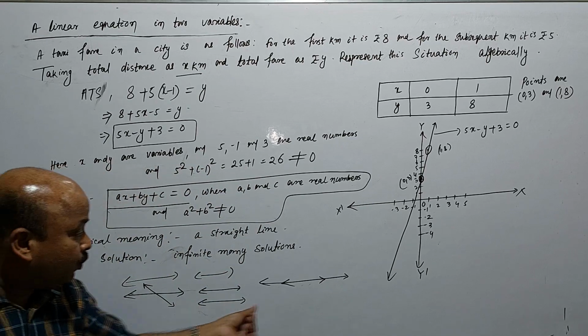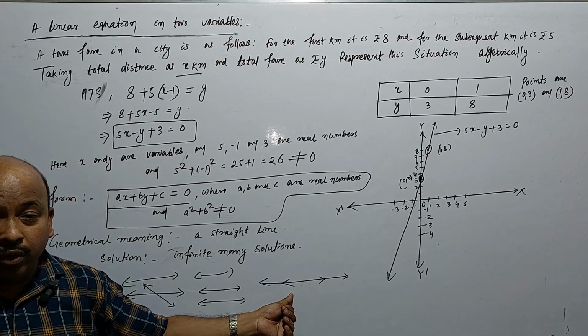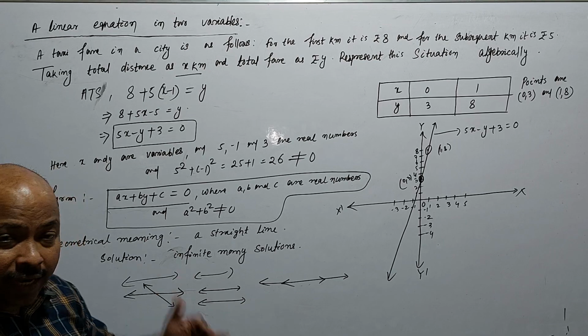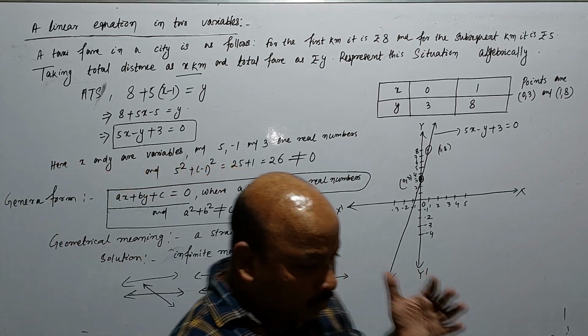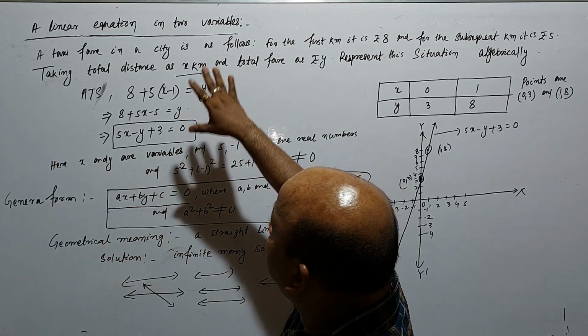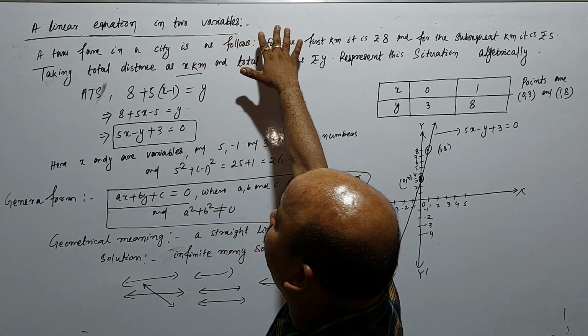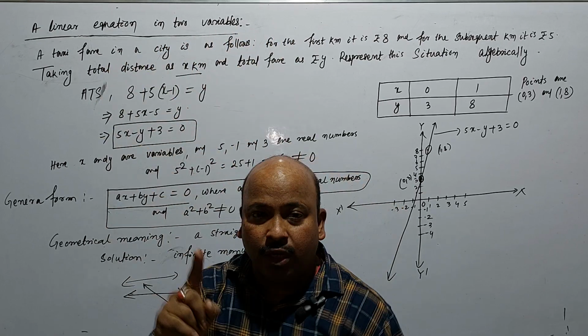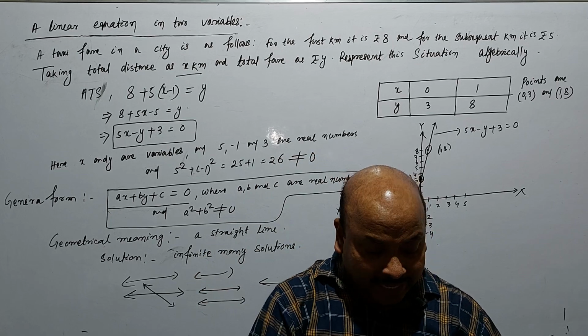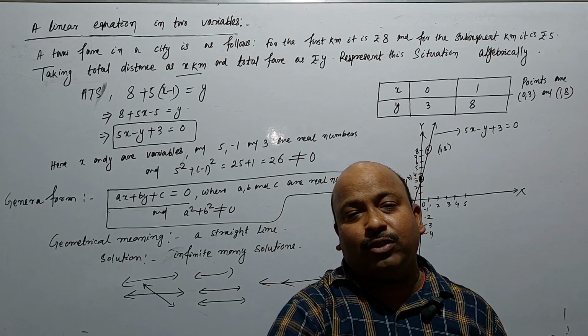These are the solutions we get. So now I am going to explain a pair of linear equations in two variables. This is only one linear equation, and one linear equation gives a straight line and it has infinitely many solutions.